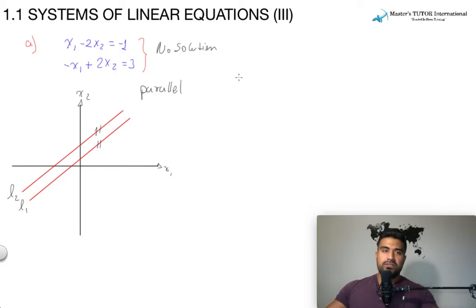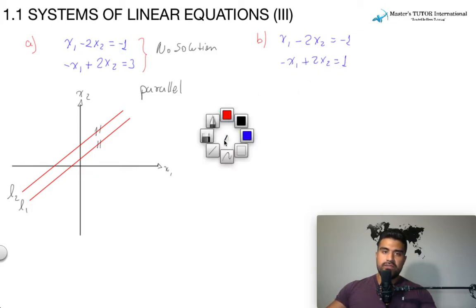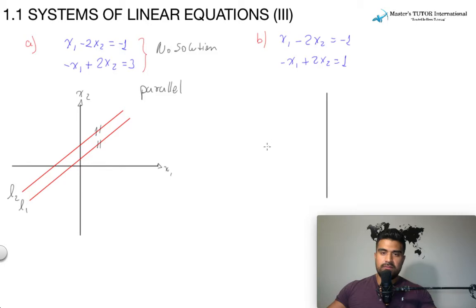And let's look at another system, for example, x1 minus 2x2 equals minus 1, and minus x1 plus 2x2 equals 1. If we graph this also, we will have something like this. This is x1, this is x2.